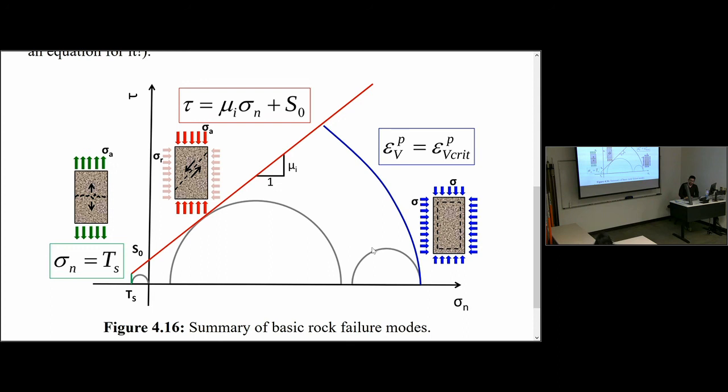If your effective stresses are so high that you start crushing some of the grains, then you're going to run into this other line, which is the yield limit for compression. There is going to be a combination of stresses, if your maximum stress is too high, where you're going to start crushing the pores.